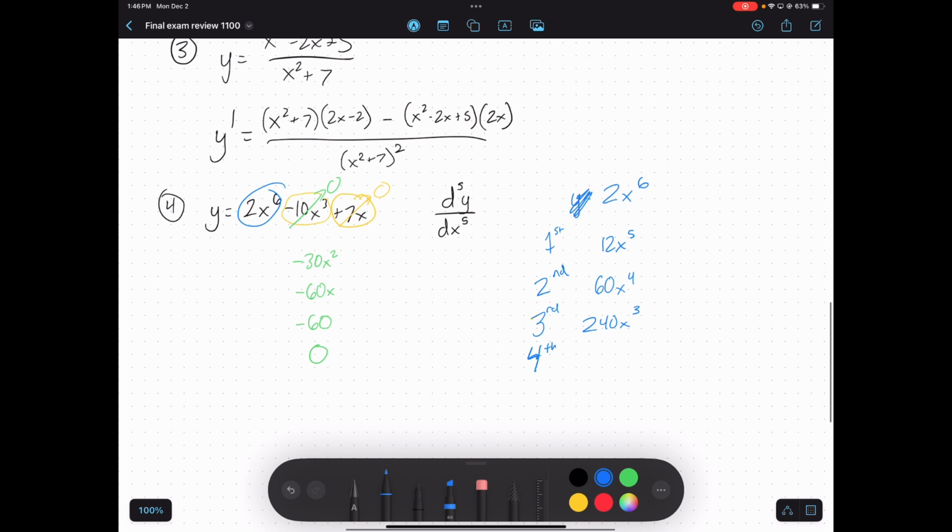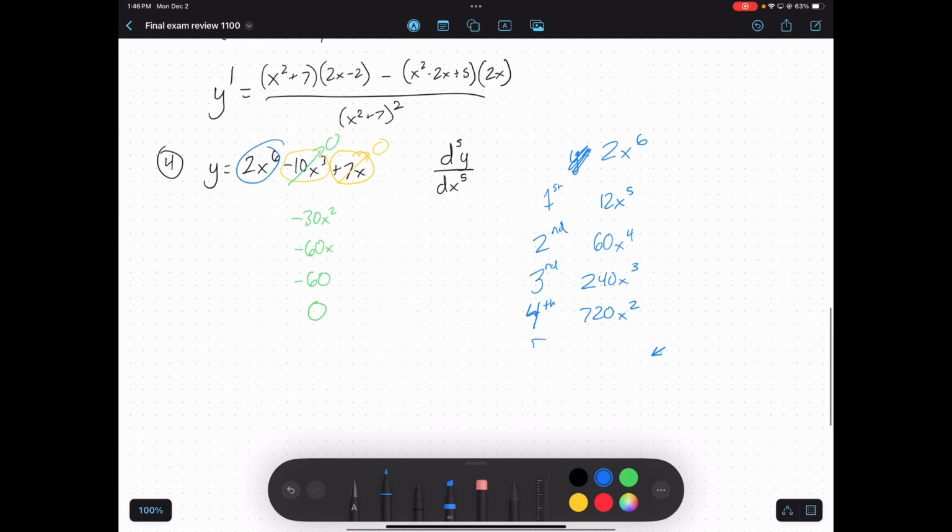Fourth derivative, 240 times 3, 720, yep. 720x squared. And remember, at this point, all your other terms have gone. By the fourth derivative, both of the other terms are at 0. Okay. Fifth derivative, 1440x. So sure enough, my final answer is just 1440x.